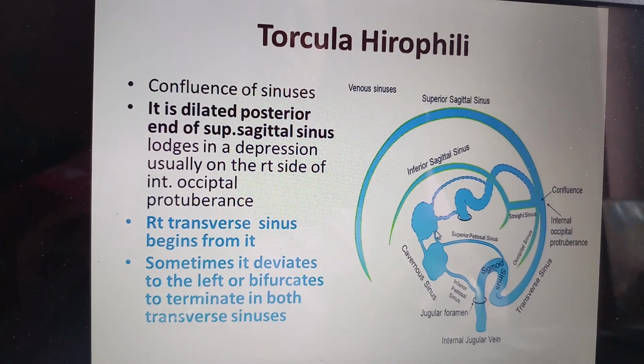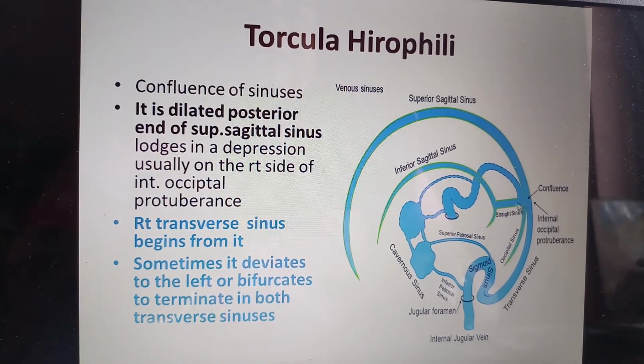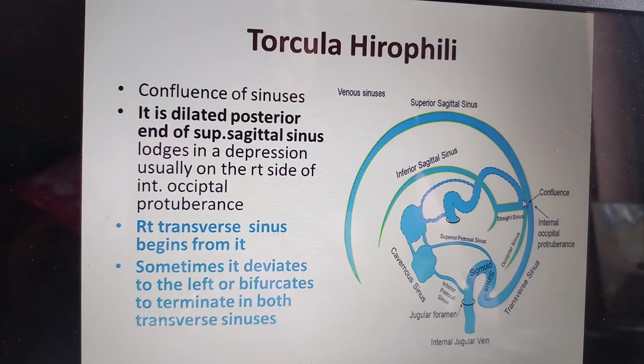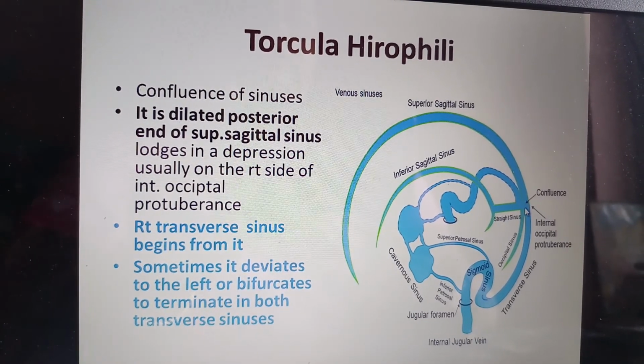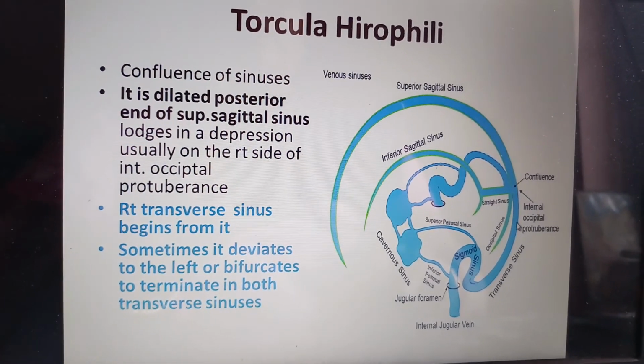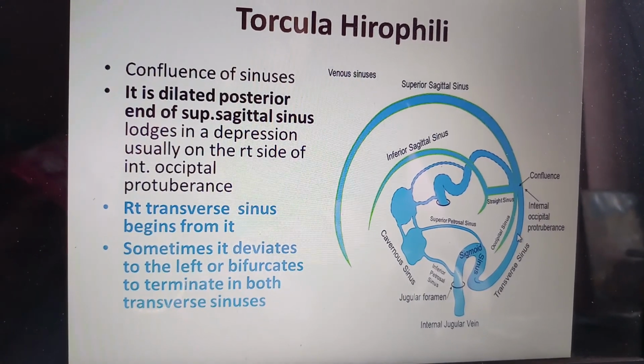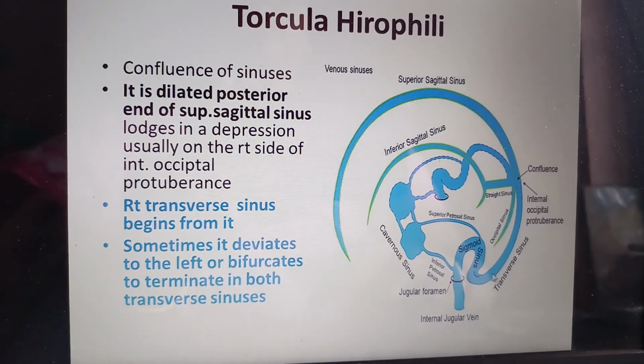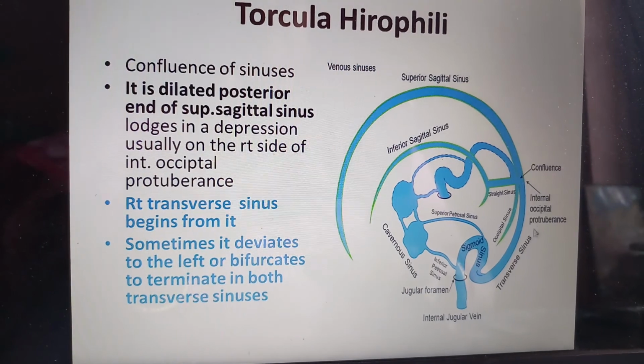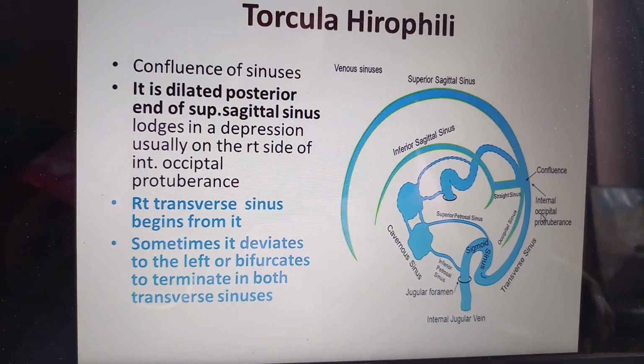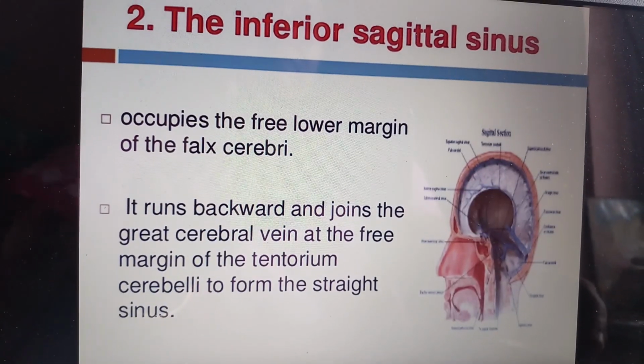From it arise the two transverse sinuses. The right transverse sinus actually begins from it. Sometimes it deviates to the left, or it bifurcates to terminate in both the transverse sinuses.